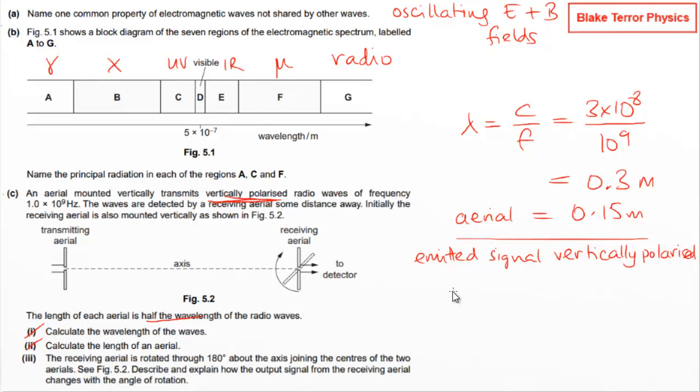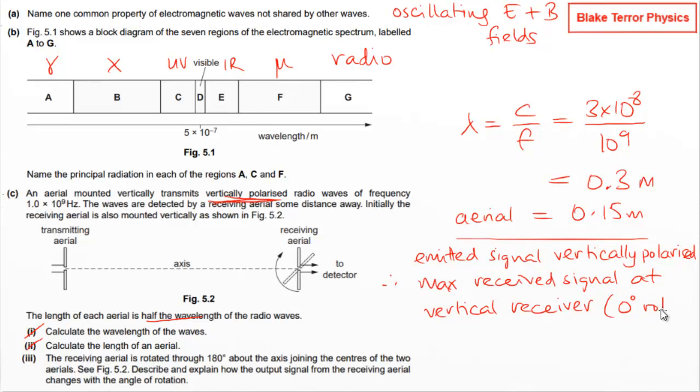So there you go. We can say we're going to get a maximum received signal when the receiver is vertical, i.e. 0 degrees rotation.